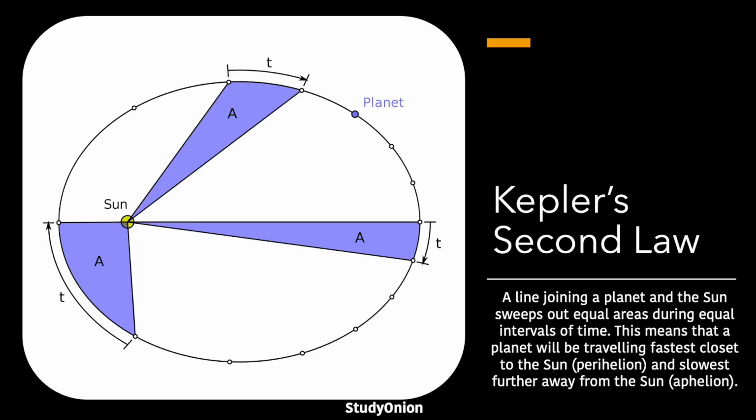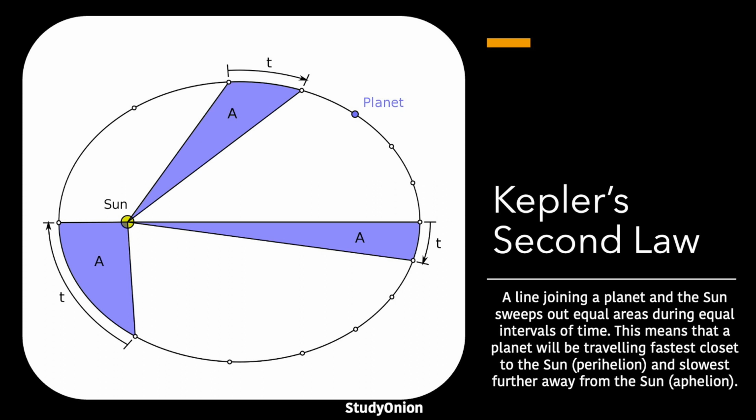So let's have a little look at Kepler's second law, which is slightly more complicated. Kepler's second law states that a line joining a planet and the Sun sweeps out equal areas during equal intervals of time.